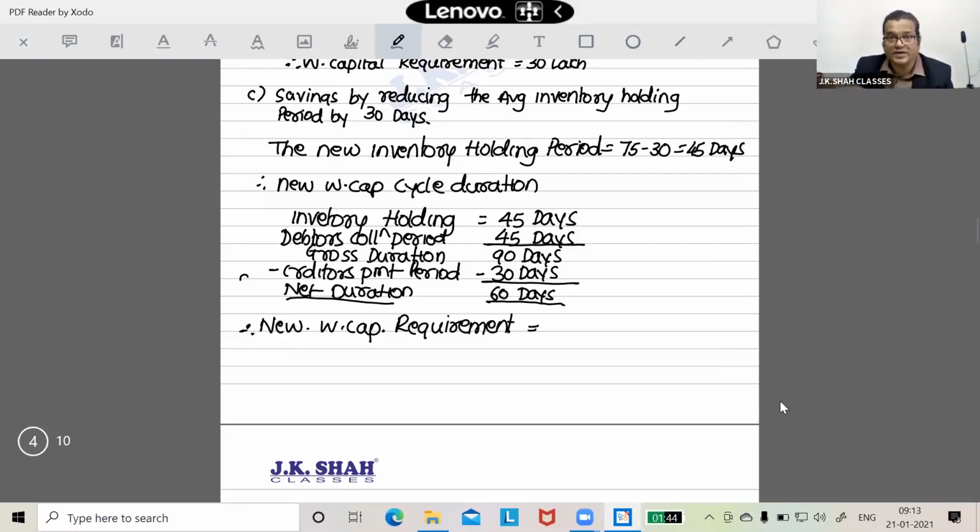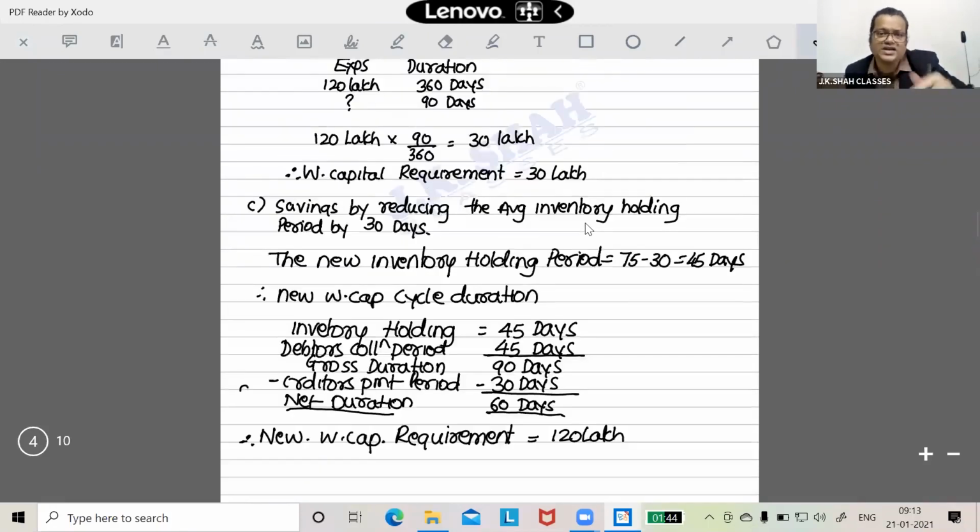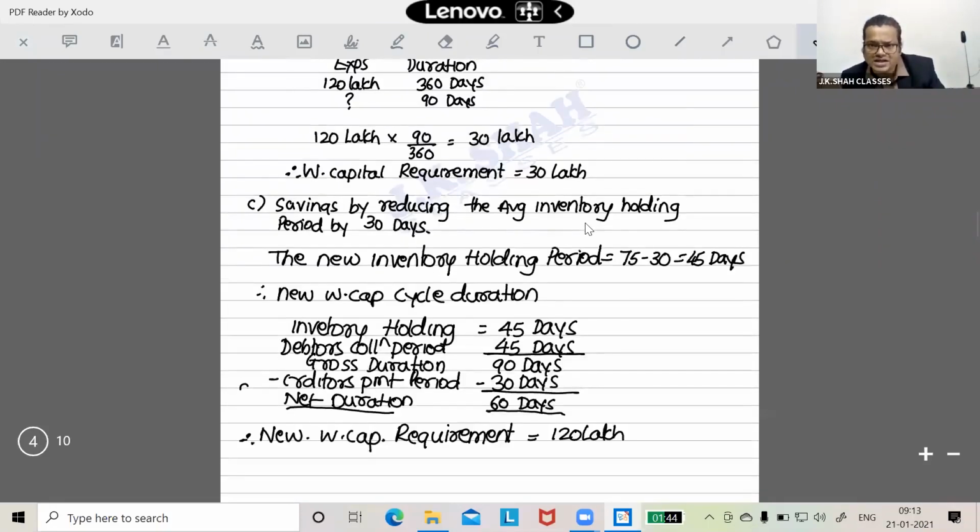As we had calculated earlier, our annual expenditure is 120 lakh. So 120 lakh divided by 360. As we did earlier, 90 by 360, now I will do 60 by 360. So how much will it come to? It will come to 20 lakh.